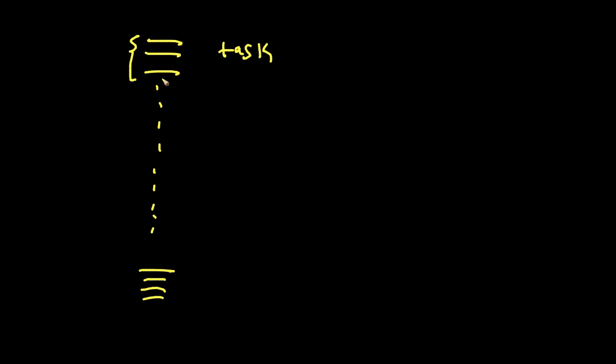We'll write these three statements 100 times, which means 100 into 3, 300 lines of code for performing this task. For performing this task we are writing these 3 lines of code, and this task is repeated 100 times.